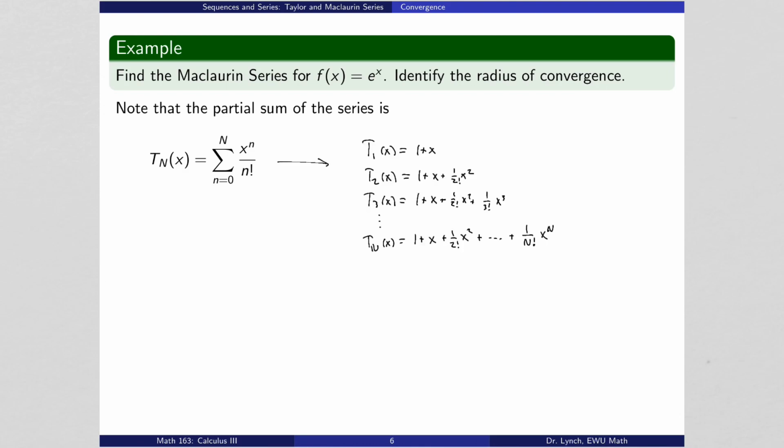So you can imagine the second order polynomial would be something like 1 plus x plus 1 over 2 factorial x squared. The third order polynomial, 1 plus x plus 1 over 2 factorial x squared plus 1 over 3 factorial x cubed. And in theory, you could do this out to the nth order polynomial also.